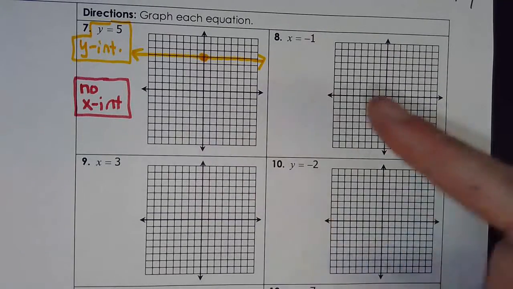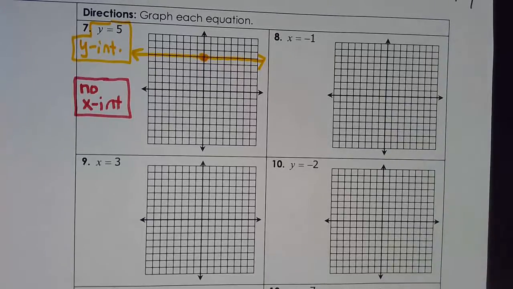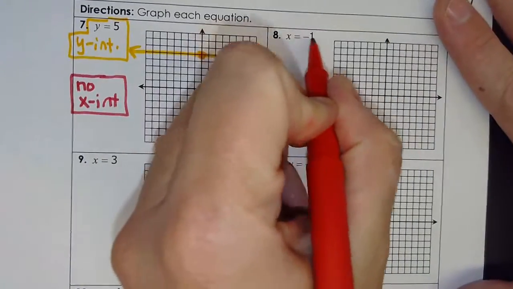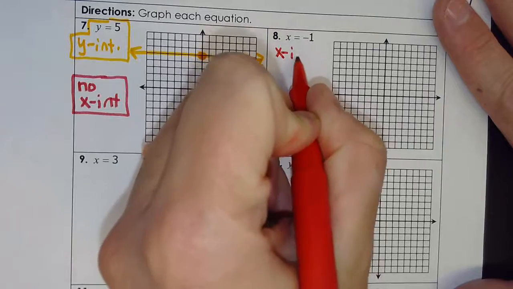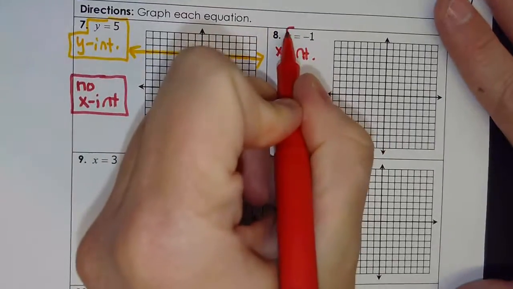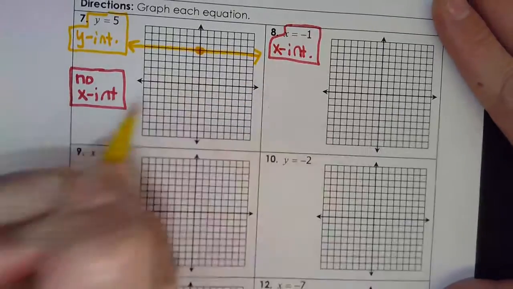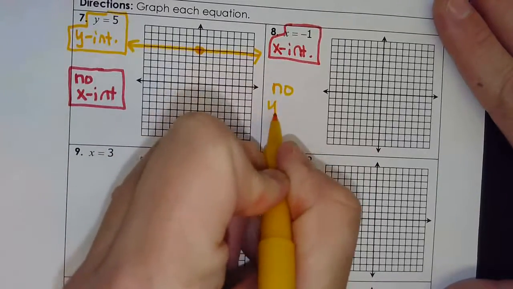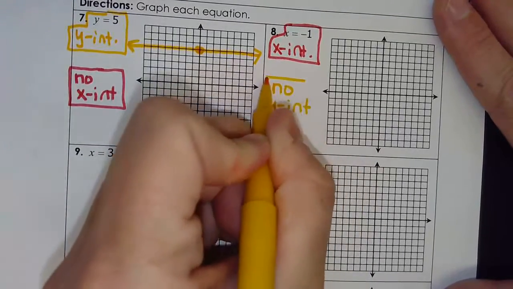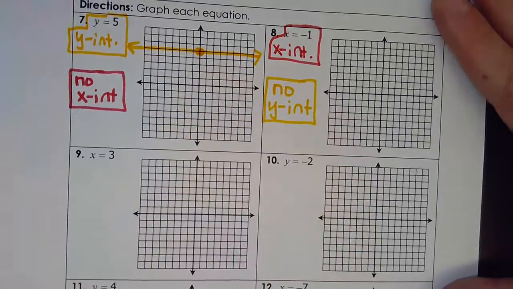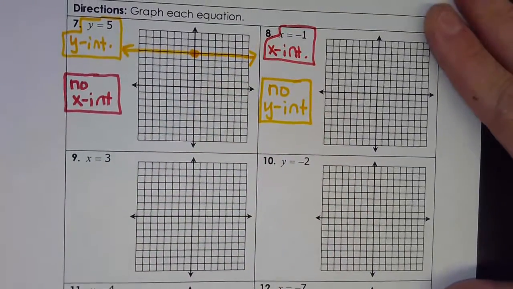So number 8 is kind of the opposite. It's x equals -1. That means it has an x-intercept of -1. This one has no y-intercept. That means when you draw this line, it will never, ever, ever cross the y-axis.